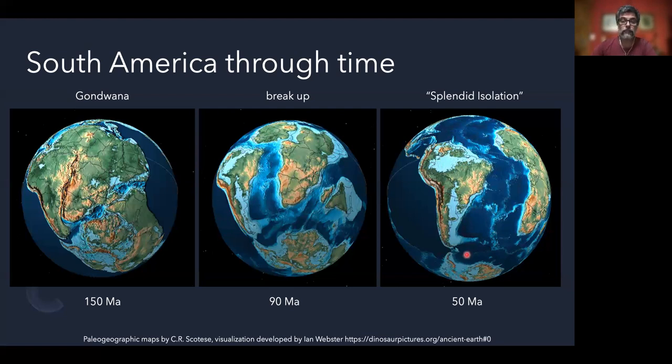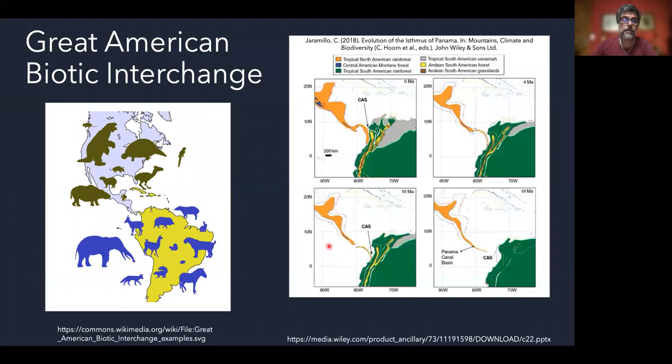So when South America finally connected to North America with the formation of what we call the Panama Isthmus, this event had a great impact on Earth as a whole, because first of all, it separated the Atlantic Ocean, or the Caribbean Sea, from the Pacific Ocean.